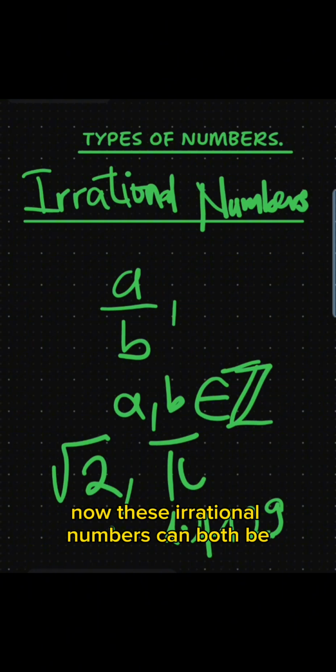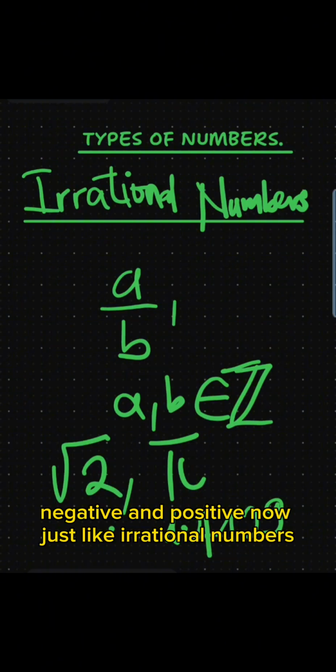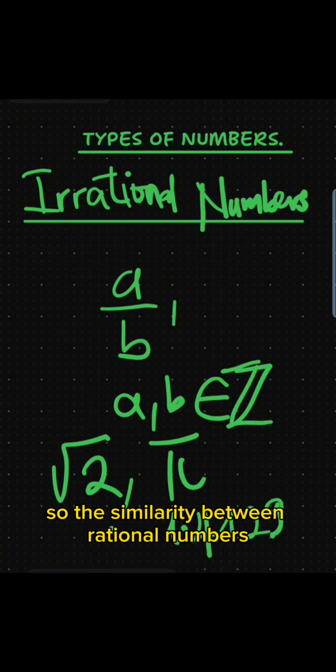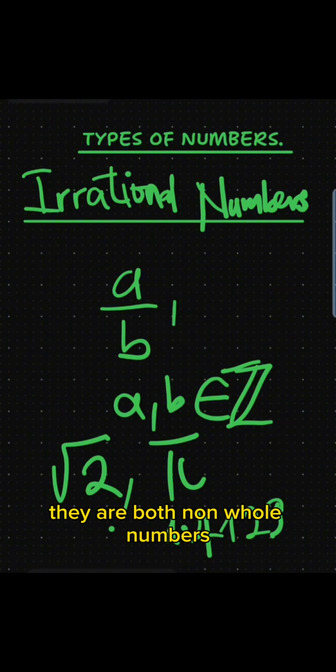Now, these irrational numbers can be both negative and positive. Just like rational numbers, they are not whole numbers. So the similarity between rational numbers and irrational numbers is that they are both non-whole numbers. They are incomplete numbers.